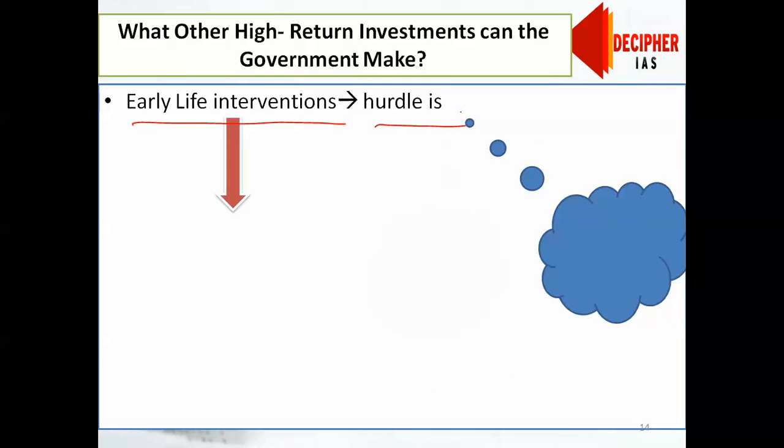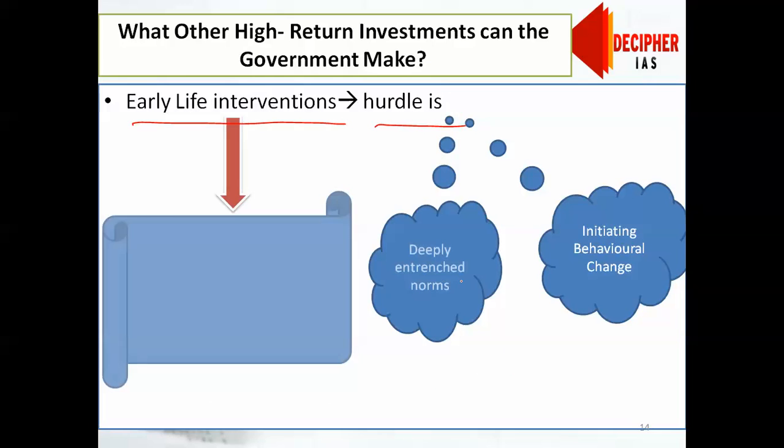The first hurdle is how the government initiates behavioral change. This has to be done by information dissemination, education, telling the various diseases which can be caused if you don't do that. Also, we should break the deeply entrenched norms that woman is inferior, that the lower caste should be exploited.